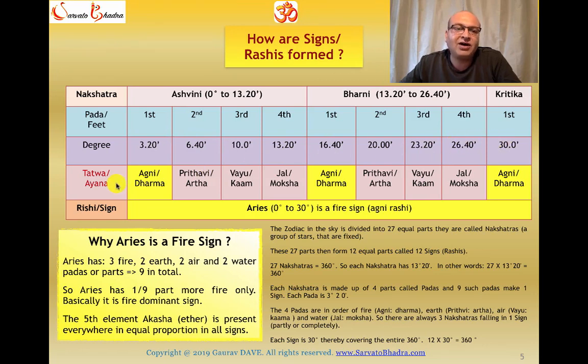We have Tattva or Ayana associated with each pada. So Dharma, Artha, Kama, Moksha; Agni, Prithvi, Vayu, Jal and Agni. This is the order, that is the creation order.